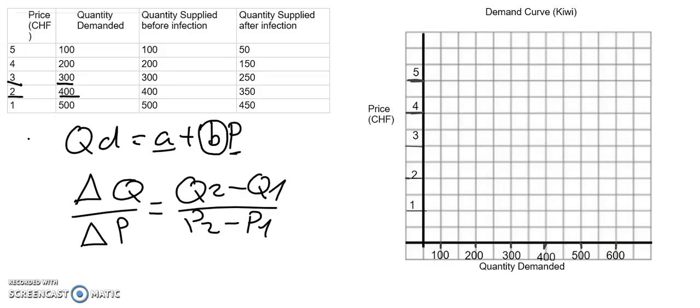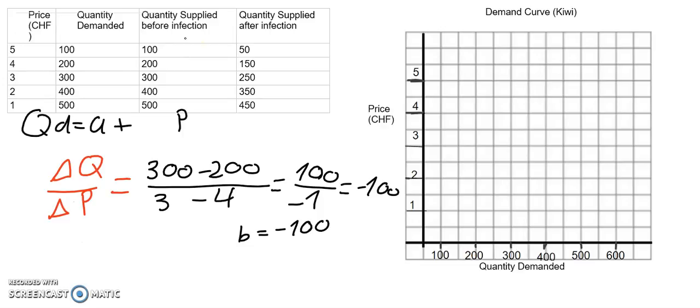You can pause the video and work this out yourself. As you can see here, I got minus 100, and now we're going to put minus 100 into the function. So bracket 100, and then we can leave the P next to it because we're going to multiply it in anyway.